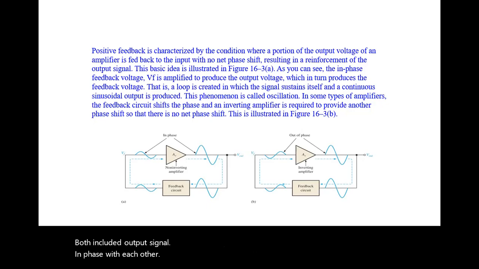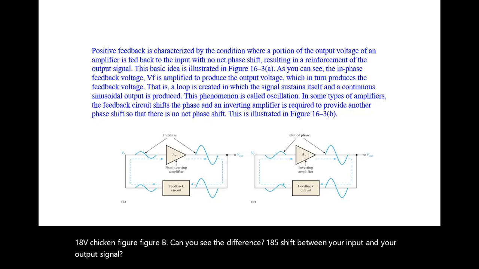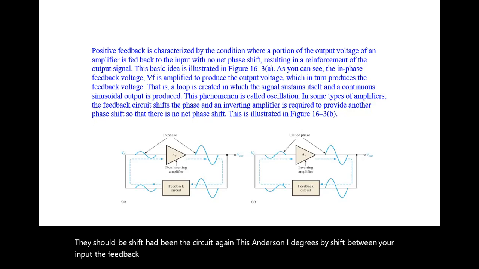The signal is being fed back via the feedback circuit towards the input. In the second figure, figure B, can you see the difference? There is a 180 degrees phase shift between your input and your output signal, and then in the feedback circuit, again, there's a 180 degrees phase shift between its input and its output.